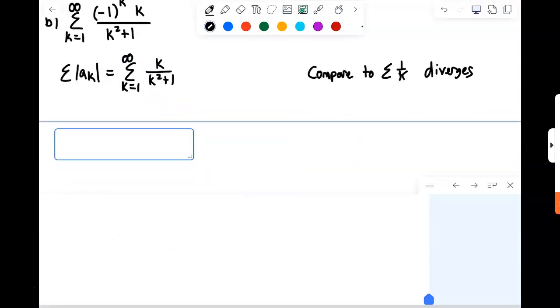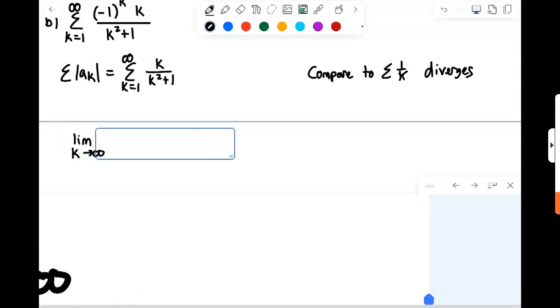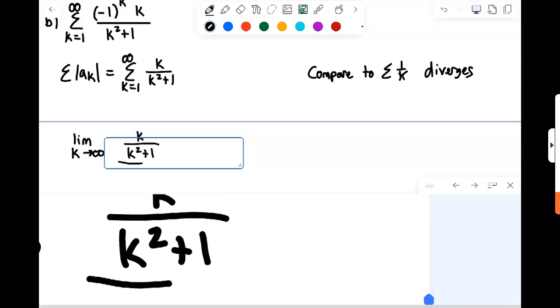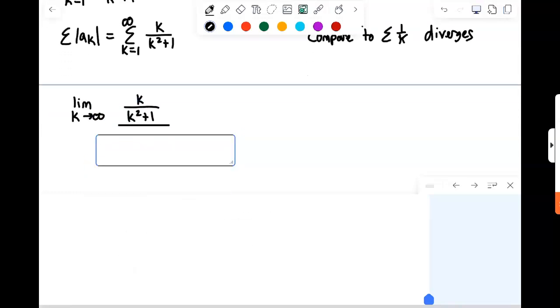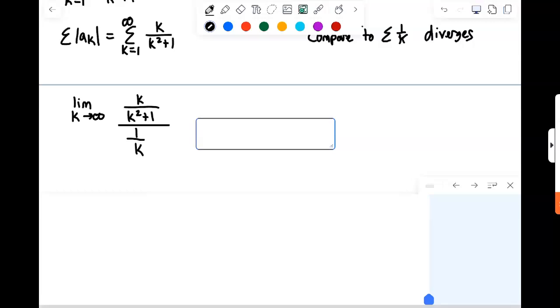So remember, the way the limit comparison test works is limit as k goes to infinity of the top sequence, k over k squared plus 1, divided by 1 over k.